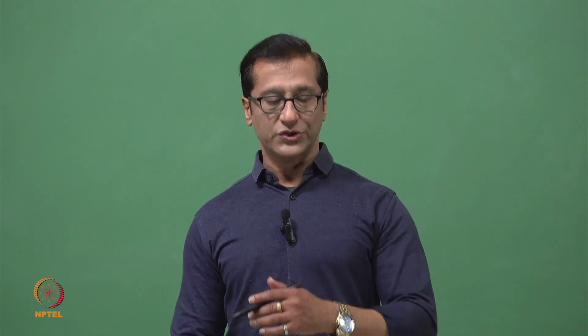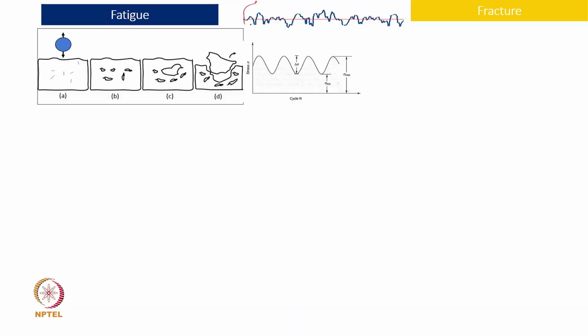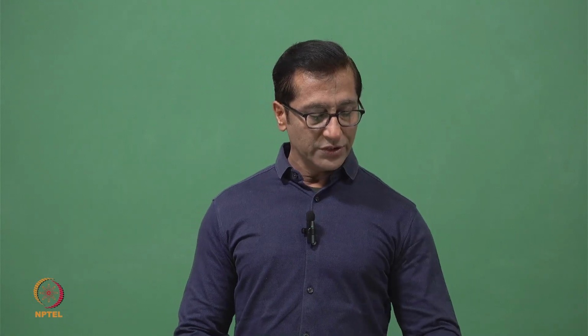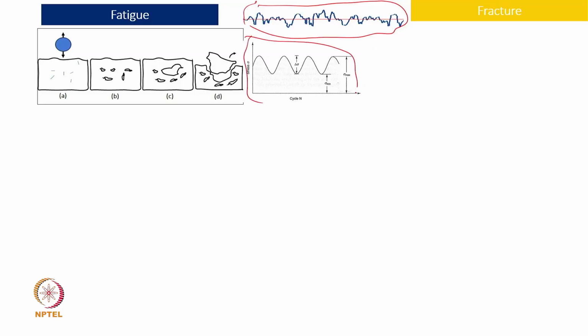Now, to give a little more explanation of fatigue plus fracture: even if there is no load or a variable load, because of the surface roughness, the load will turn out to be a fatigue load. In other words, almost every load in a real situation is a fatigue load, because there is periodic motion, and in the last lecture, lecture 2, we learned that roughness is periodic.